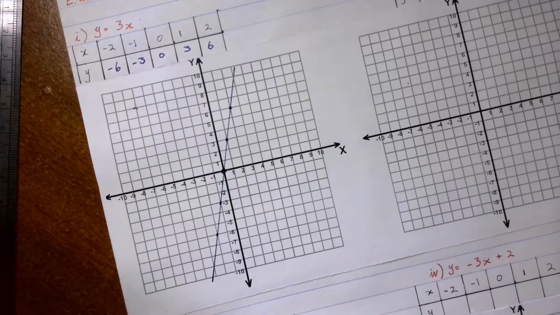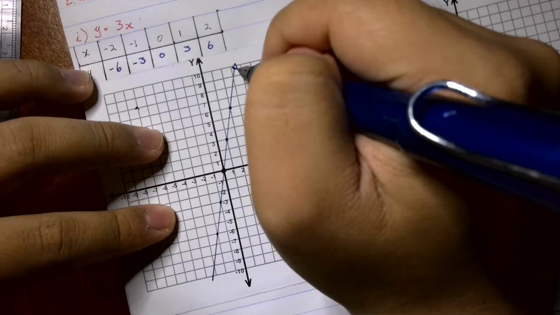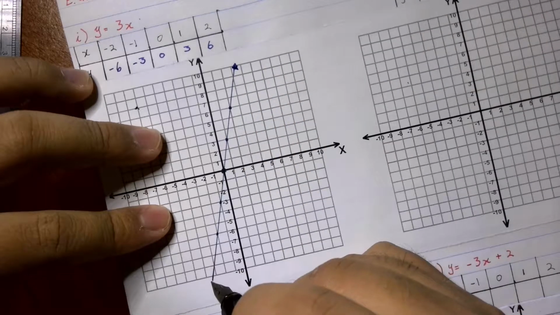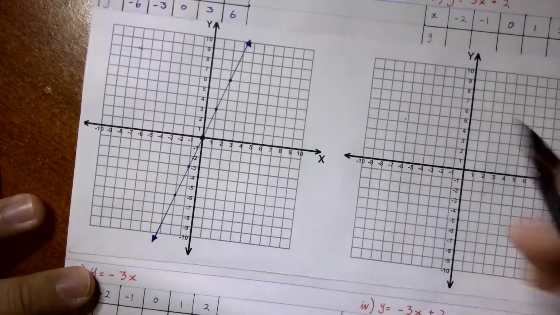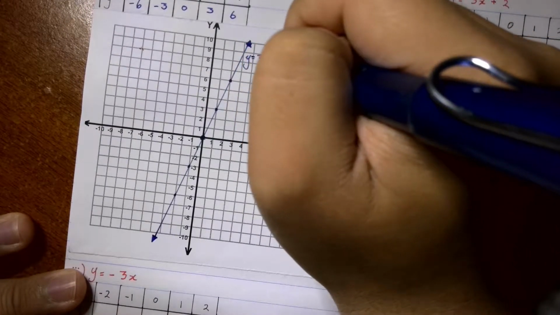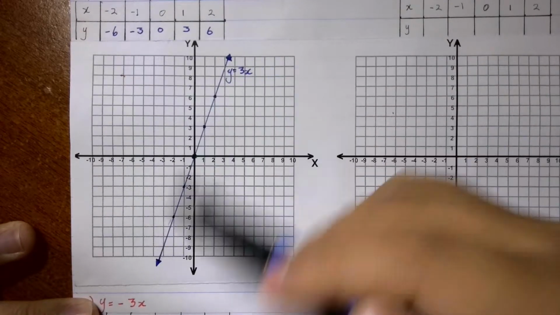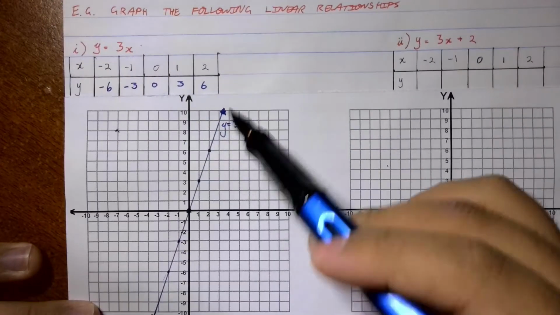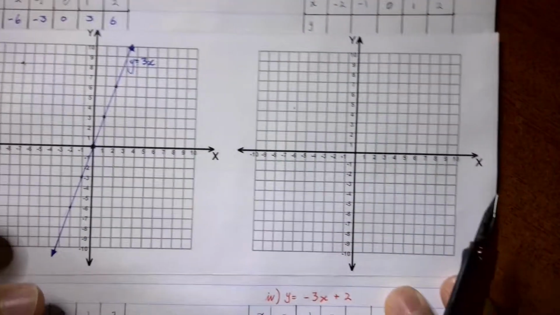Extending it as far as we can, drawing little arrows indicating that this line goes on, and we'll just label it so it looks nice and neat: y equals 3x. So this line represents this graph here. Moving right along.